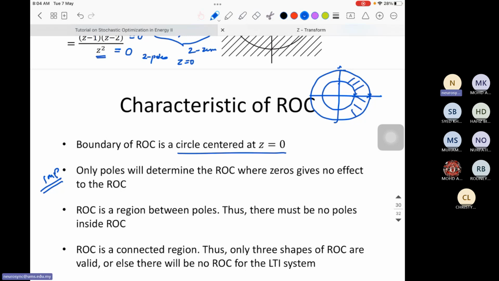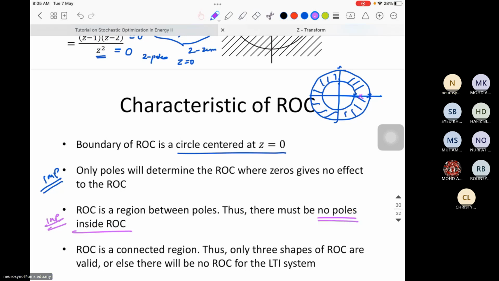These are two poles, so there should not be any third pole inside this ROC. This is also very important: the ROC is the region between the poles and there must be no poles inside it.